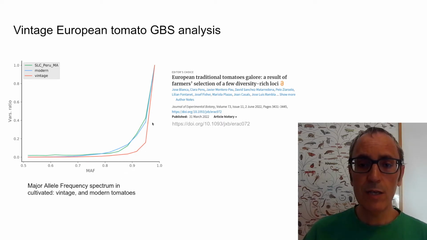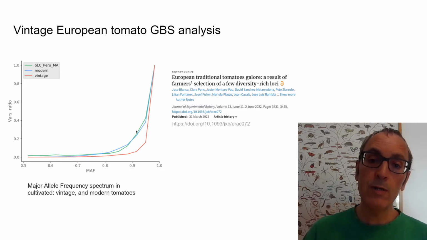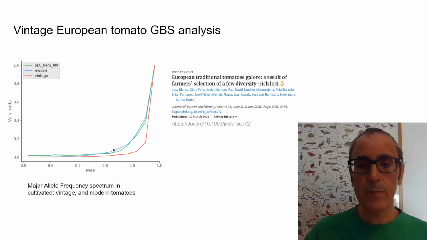And as you see here, modern tomatoes are more diverse than vintage tomatoes according to this measure, because in modern tomatoes there are more markers with lower major allele frequencies. In this case, we are representing the major allele frequency histogram. So the vintage tomato has lower diversity than the modern tomato.